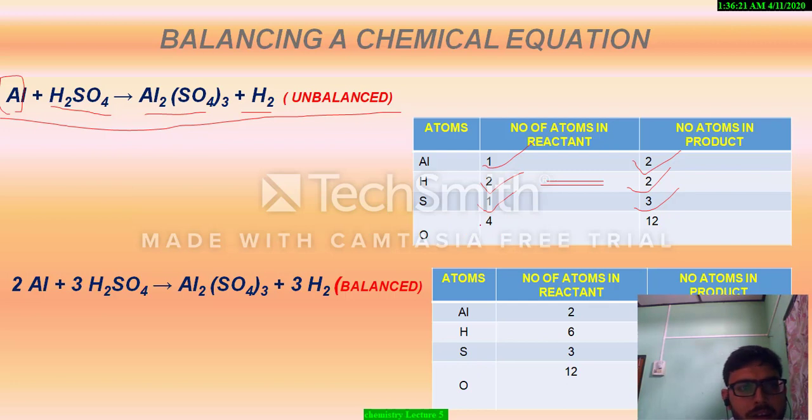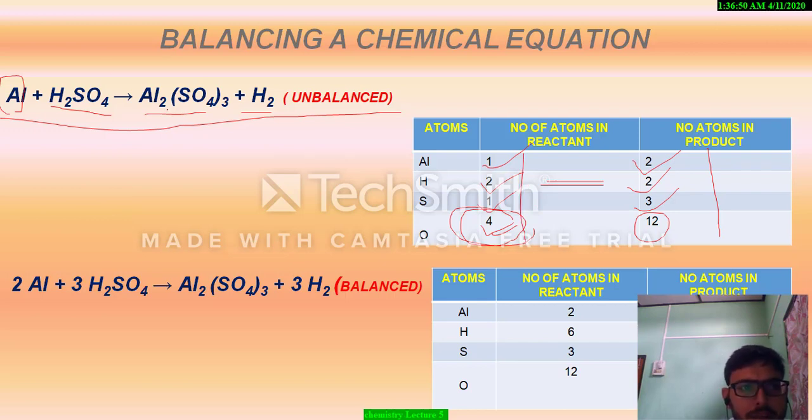in the reactant side it is 4, and then the product side it is 12. As you can see there is a greater number of oxygen in the product side, 12, and in the reactant side the total number of oxygen is 4.